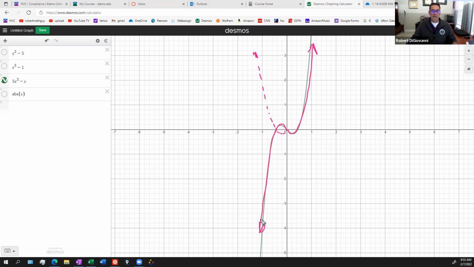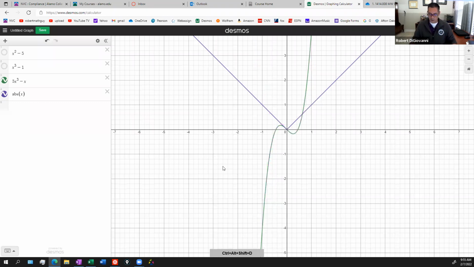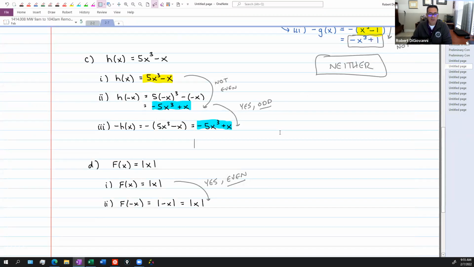So you get your double reflection. And then the last one is the absolute value function, which looks like a V. And you can tell that that V is a reflection over the y-axis. So that's just to show you visually. Are there any questions on that? Even, odd, we're good, we can move on.